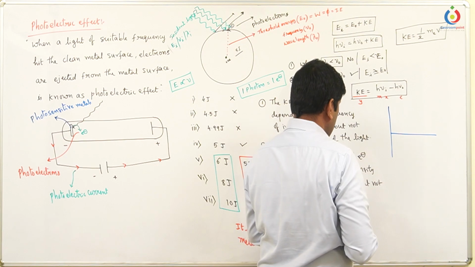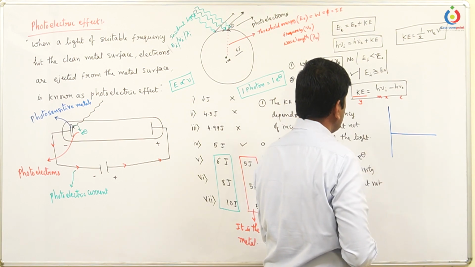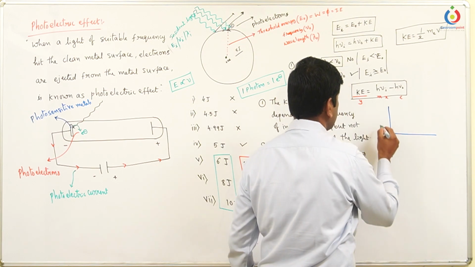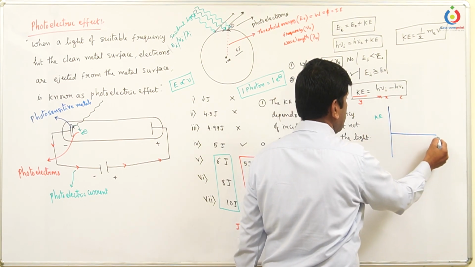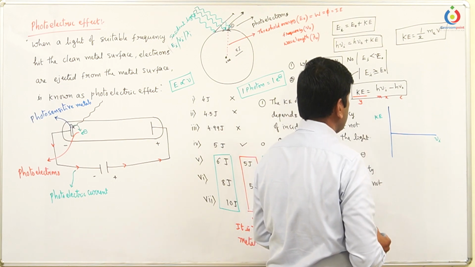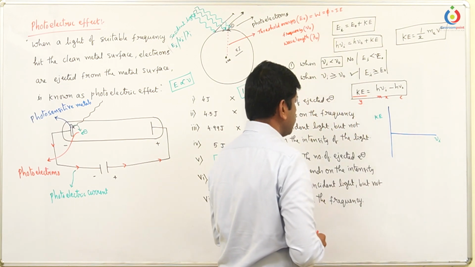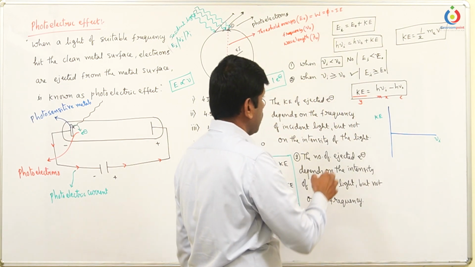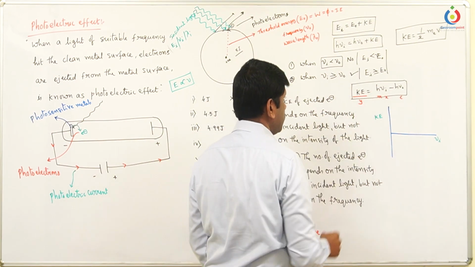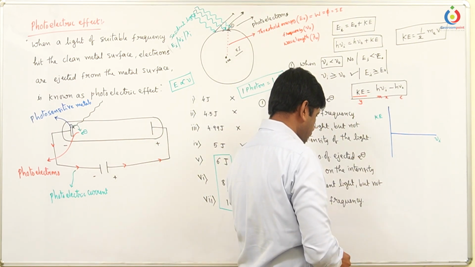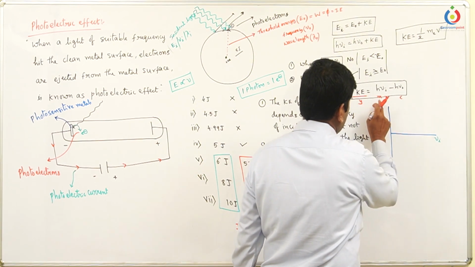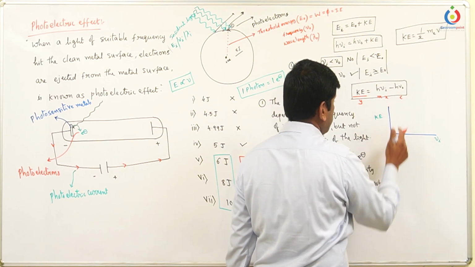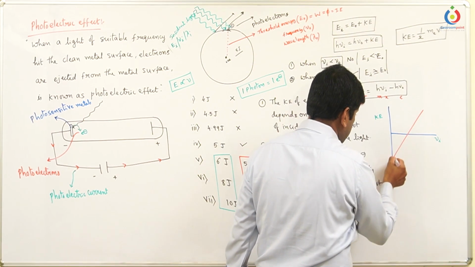On the y-axis we take kinetic energy. On the x-axis we take the frequency of the incident radiation. As I said, kinetic energy depends on the frequency of the incident radiation. Here we get a positive slope, but the intercept is negative, so we get the graph like this.